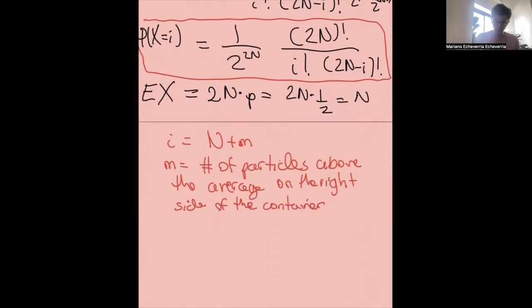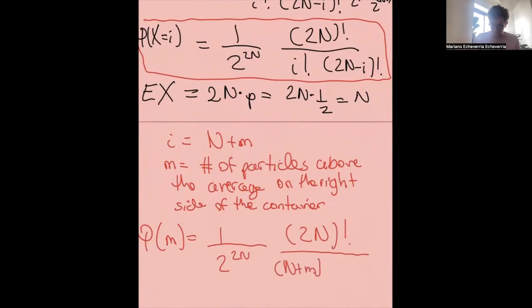So if you do that, you can think of the probability as depending on m. It becomes 1 over 2 to the n times 2n factorial over n plus m factorial times (2n minus I) factorial. What is 2n minus I?